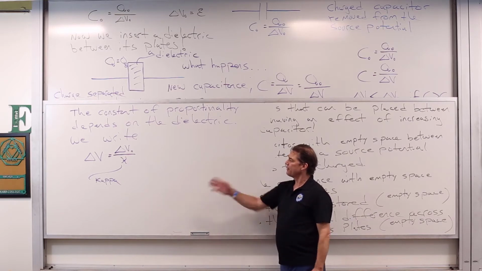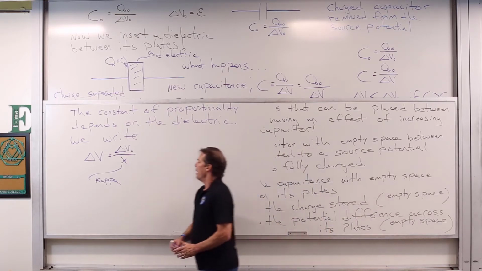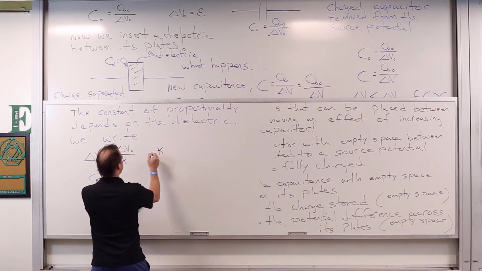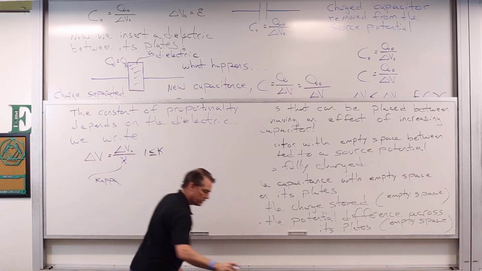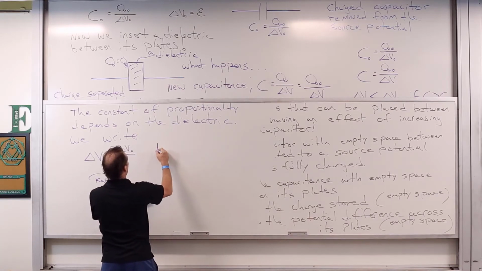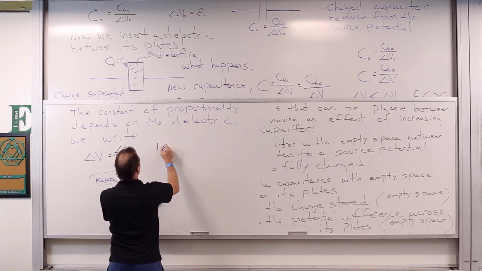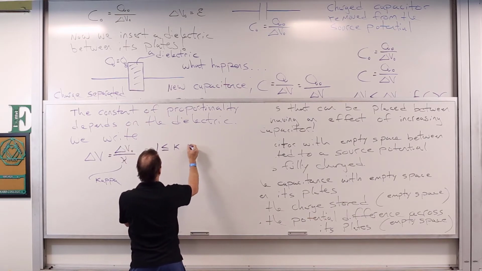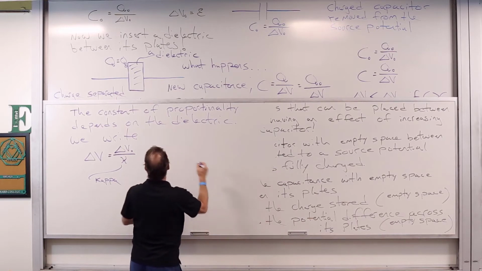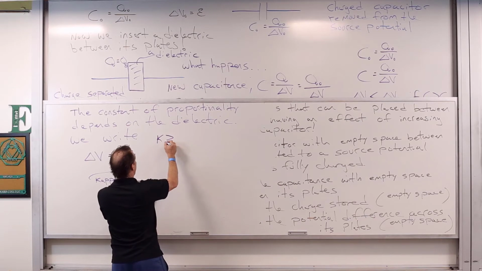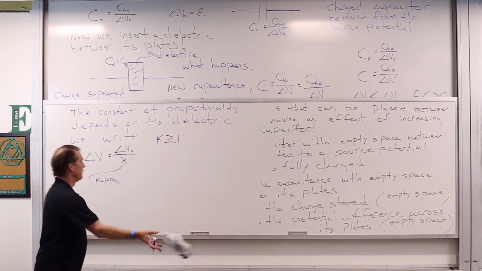But that's how we get this correlation here. Kappa is greater than or equal to 1.